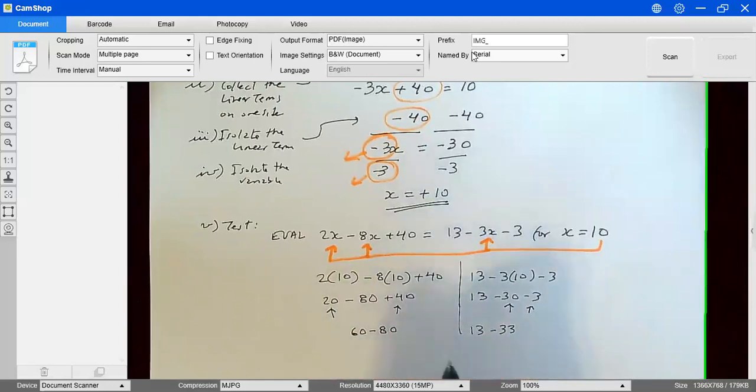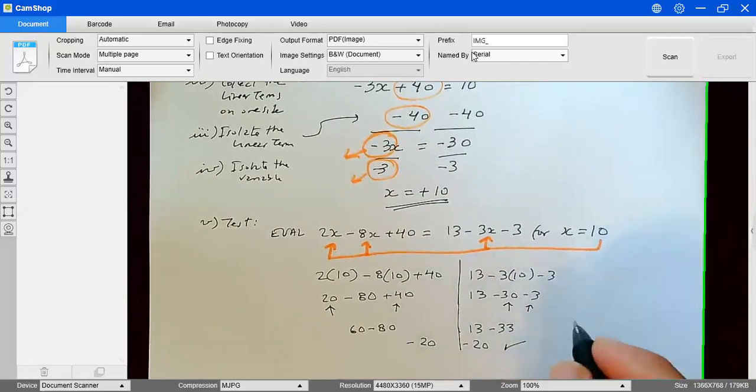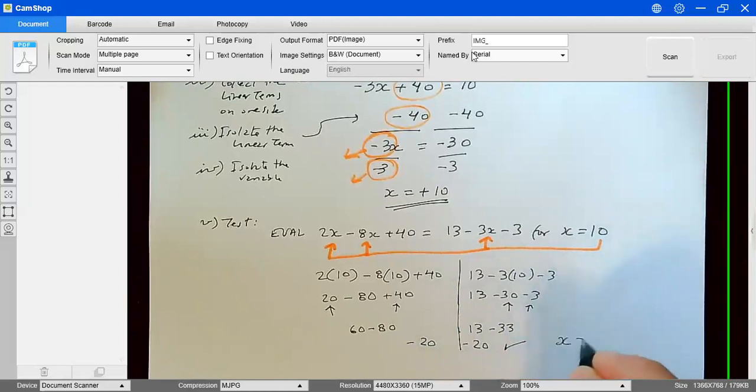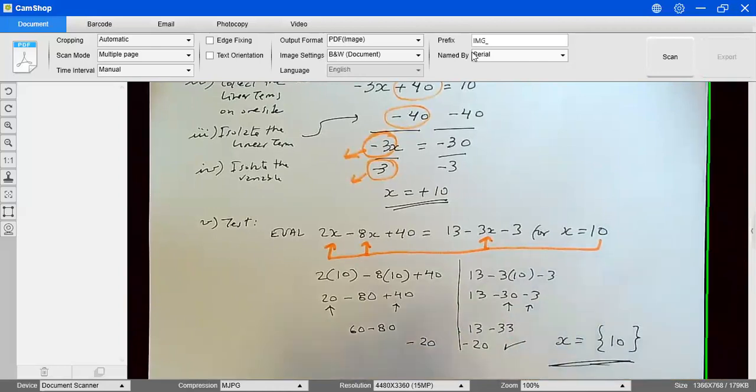So on the left-hand side, we're going to get negative 20. On the right-hand side, we're going to get negative 20. So, yeah, that's true. So that means that x equals 10 is the solution. So we use the set notation.